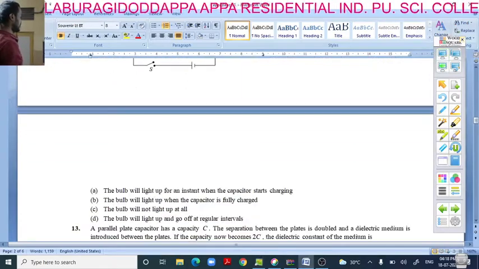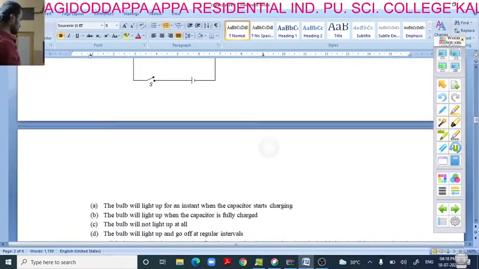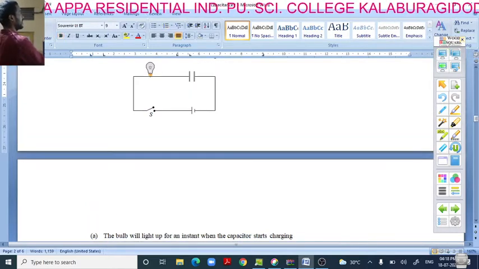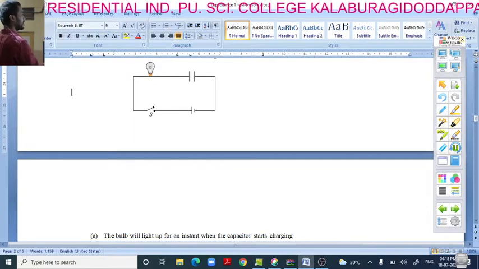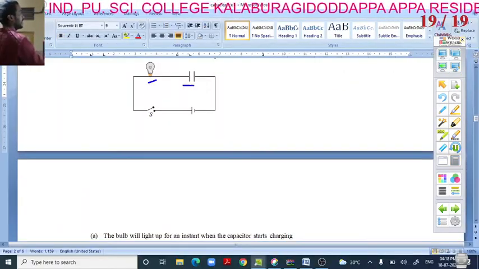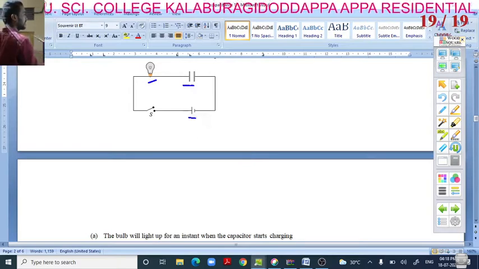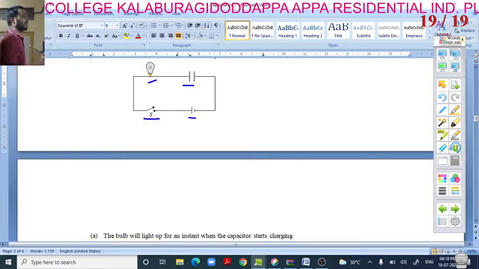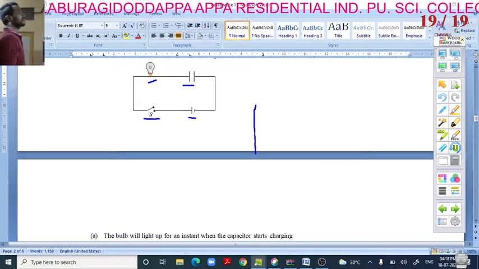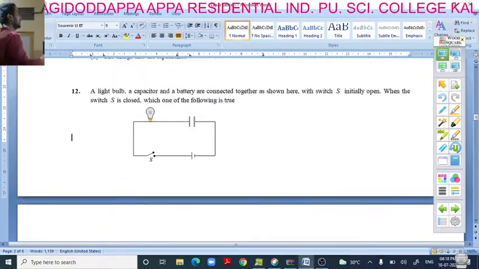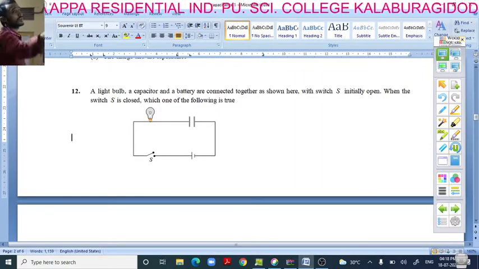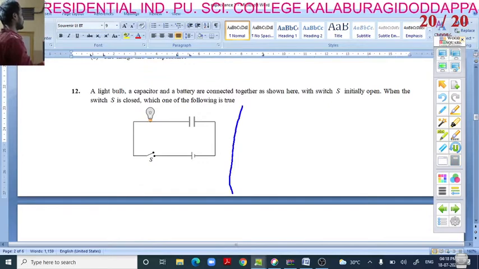Just remember the figure: the bulb is here, this is the capacitor, this is the battery, and these are connected in series. Here we have the switch, initially open. When the switch is closed, which one of the following is true according to this question?